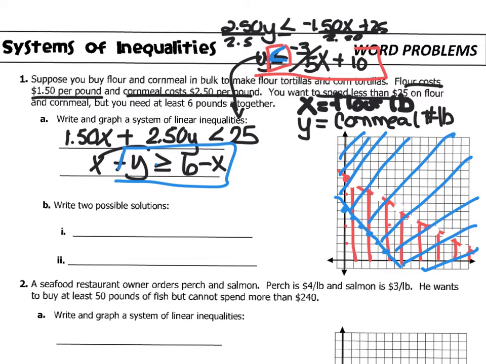So our solution area is going to have solid borders here, here, and here, and then a dashed border because it doesn't include everything on that line. And then the solution is all inside here.